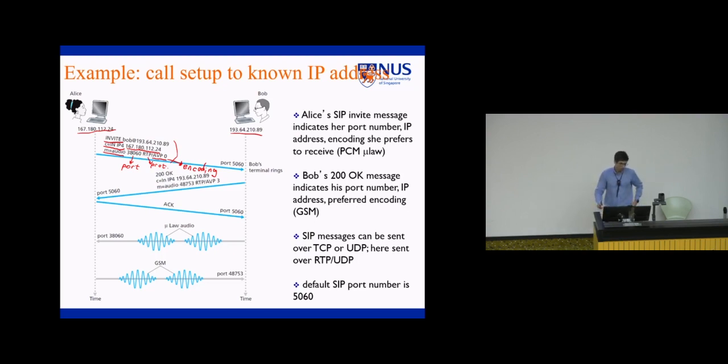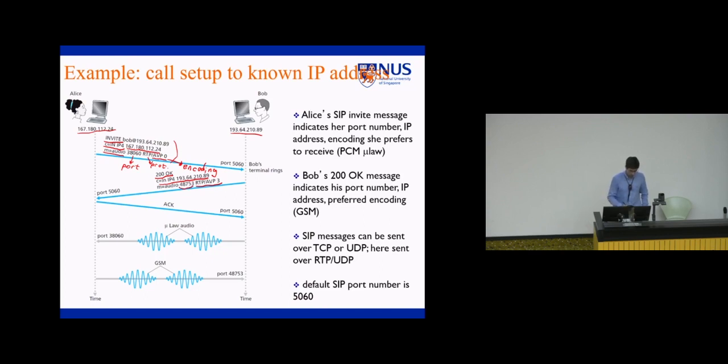After receiving this INVITE message, Bob's terminal will ring. And if Bob picks up the terminal, that terminal will send a 200 OK message, just like an HTTP response message. And it will say, I am using IPv4, this is my IP address, and I accept RTP using AVP 3 encoding format from this port number.